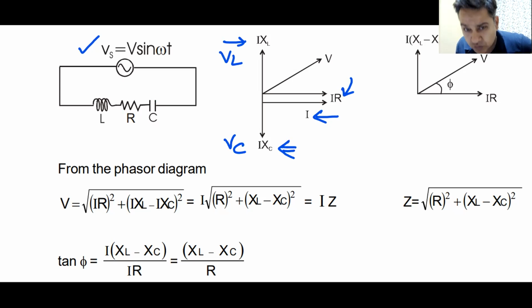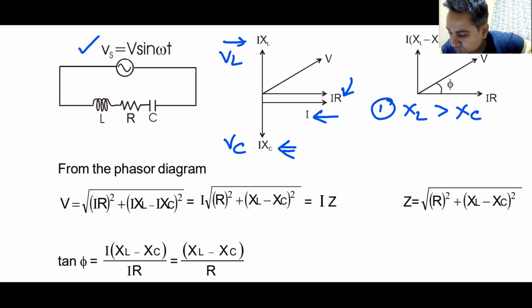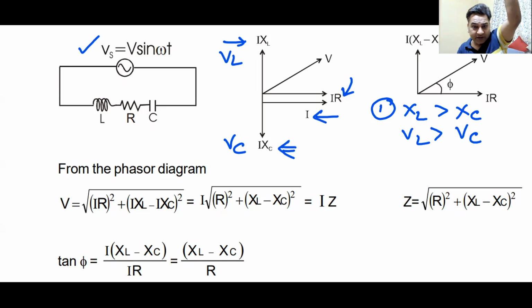Now remember, there are three cases possible. Case number one, XL is greater than XC, or I can say VL is greater than VC. The upper one is big, the lower one is small. XL is greater than XC.